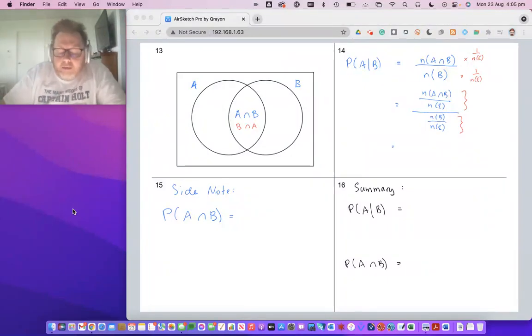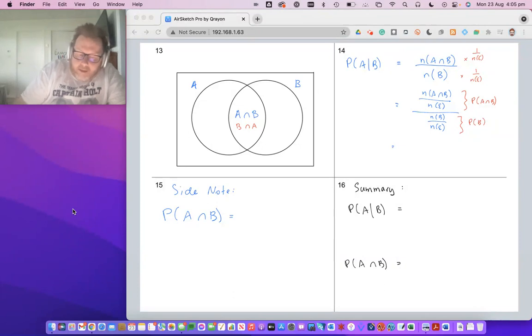The top part is just the probability of A and B. That's the basic definition. Probability of the event A and B must be the total number of outcomes matching A and B over the total outcomes. Similarly, down the bottom here, we've got the probability of B, because the top is the total number of outcomes matching just B, and the bottom is the total number of outcomes in the entire set.